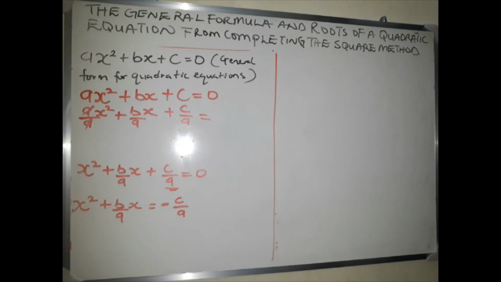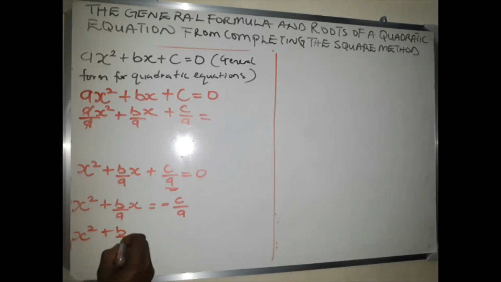So now what is the next thing? The next thing we're going to do is add the square of half the coefficient of x to both sides of the equation. So what is the square of half the coefficient of x? Now b over a is the coefficient of x, so we're going to add the square of half its coefficient to both sides.